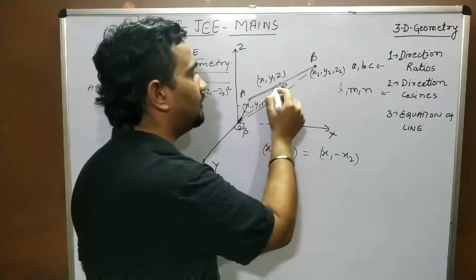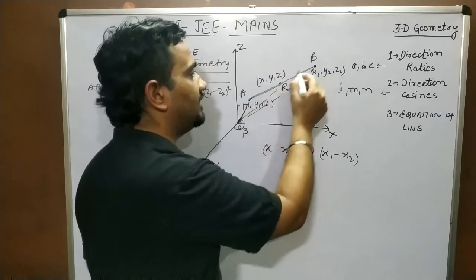If we take x minus x1, it will give AR, and x1 minus x2 gives AB.